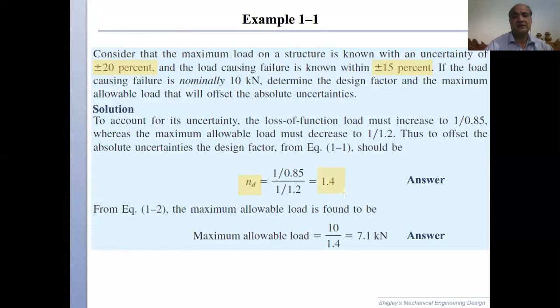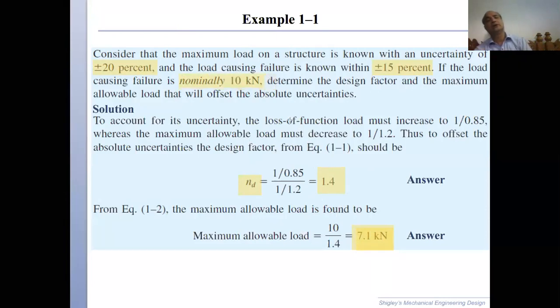So the design factor turns out to be 1.4, and then using the same design factor, you threw away the uncertainties. By using the design factor, your maximum allowable load reduces to 7.1 instead of the nominally used load, which is 10 kilonewton.